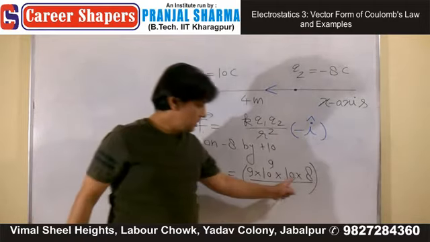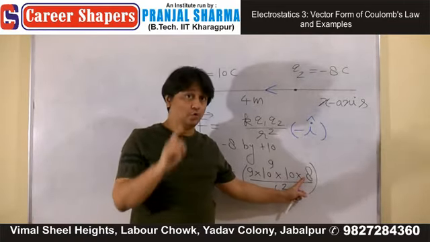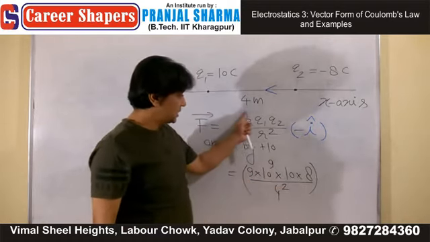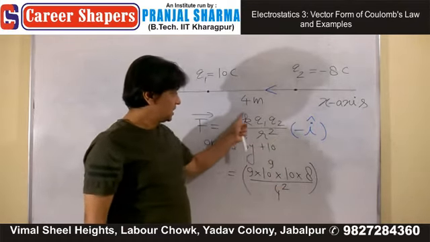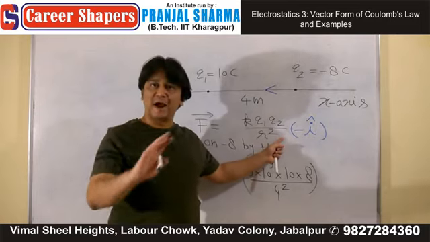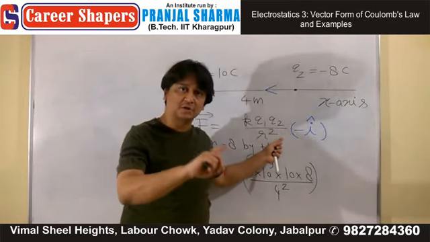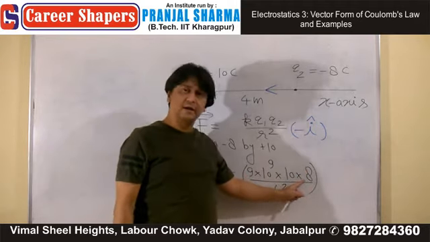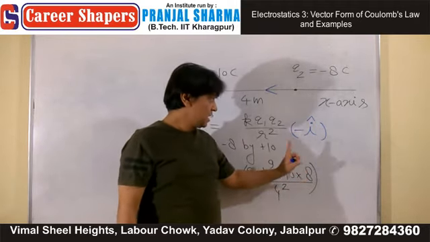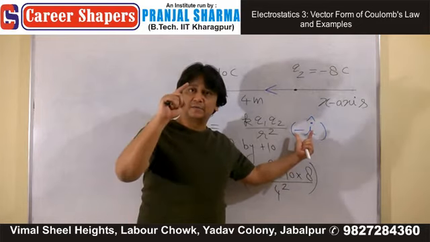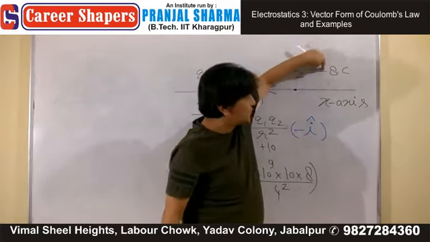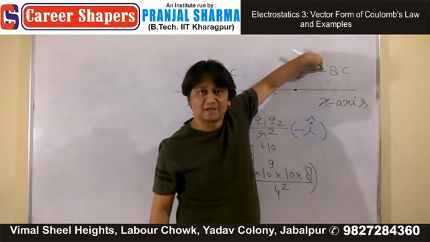You will not put a negative sign here. Why? Because this is the magnitude. In magnitude, you do not have any plus or minus. Simply write down everything without any sign, that is, with plus sign. What is the meaning of the negative sign with minus 8?